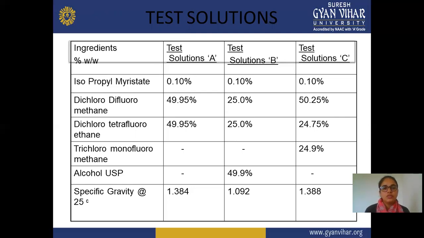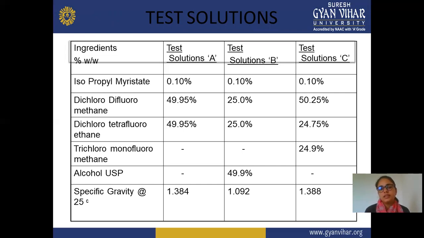Next is dichlorodifluoromethane: test A contains 49.95%, test B contains 25%, and test C contains 50%. From these three types of solution, we can say that the major ingredient is the gas or propellant, and only the concentration changes according to your requirement or the type of propellant.